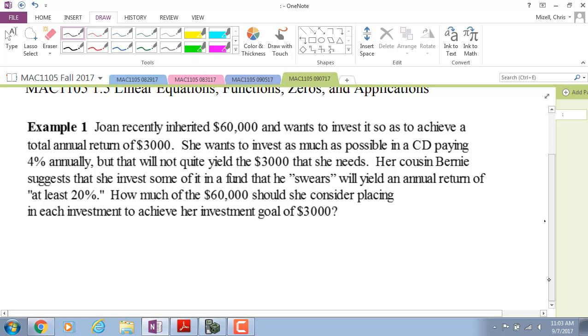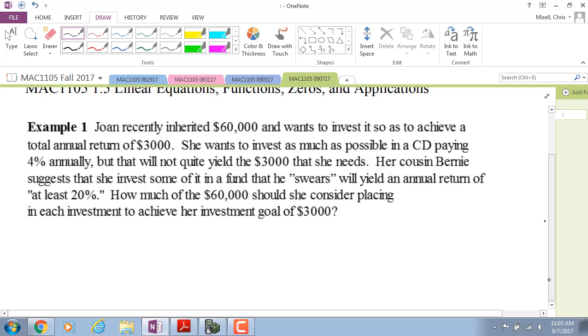Now she's not up for a whole lot of risk, but there is, well, let's see. Her cousin Bernie suggests that she invest some of the $60,000 in a fund that he has that he insists will yield an annual return of at least 20%.